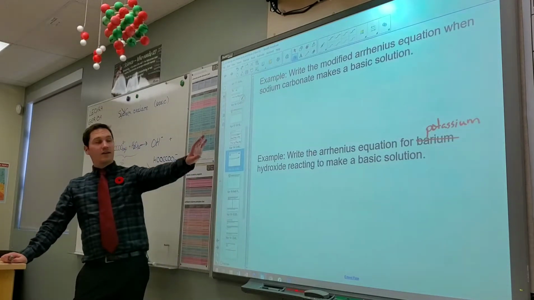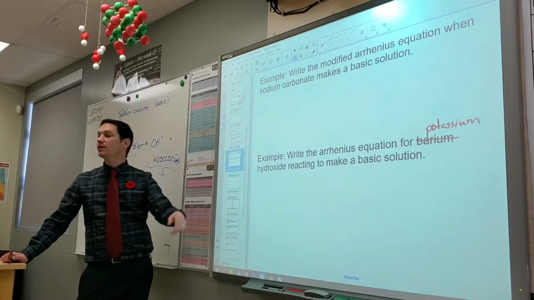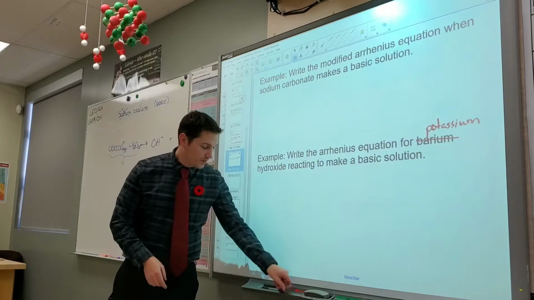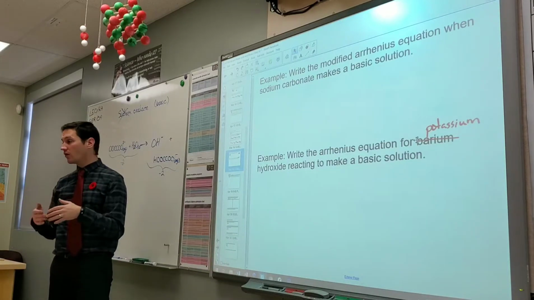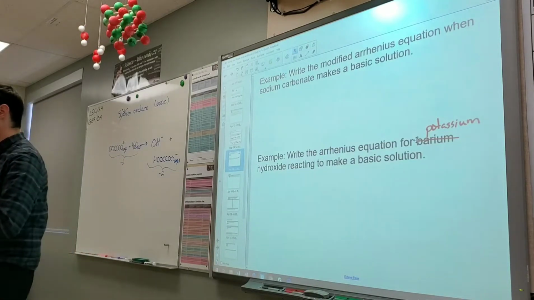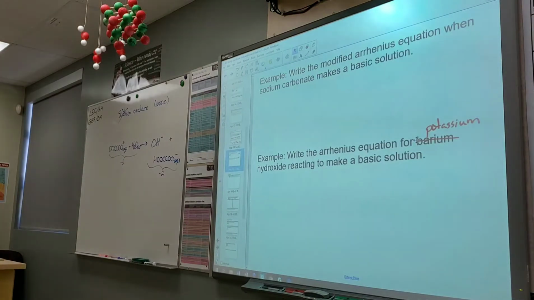So go ahead and write out these 2 reactions. Remember, when you're writing modified Arrhenius equations, if there's oxide in it already, you don't have to react it with water, but otherwise, you have to react it with water. Ignore group 1, 2, and 17.